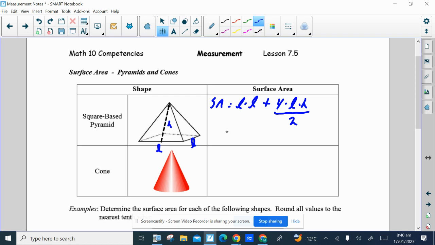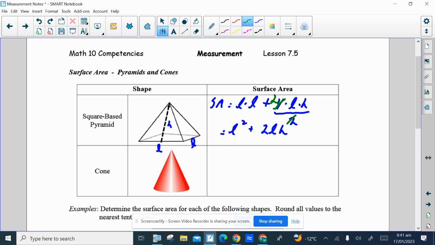We can simplify: L times L is L squared, plus, for the second term, 4 divided by 2 is 2, so we're left with 2 times L times H. That is the formula we will use for the surface area of a square-based pyramid.